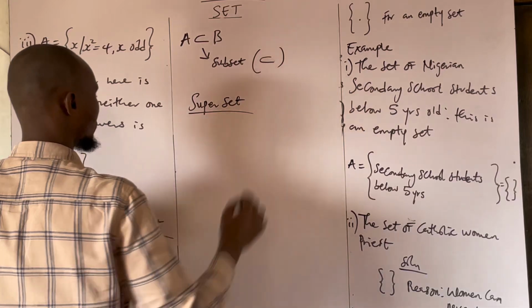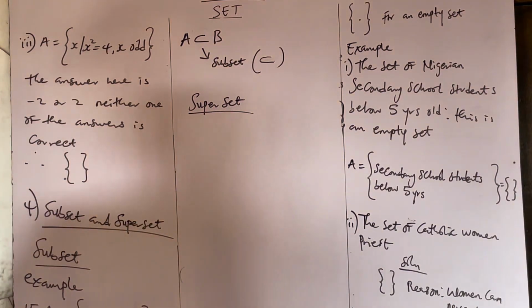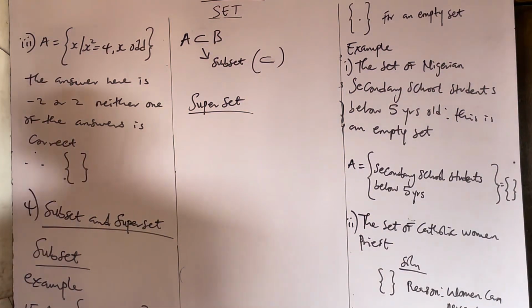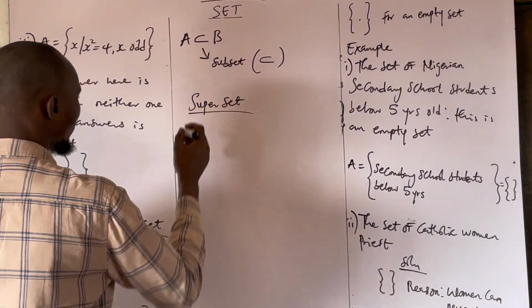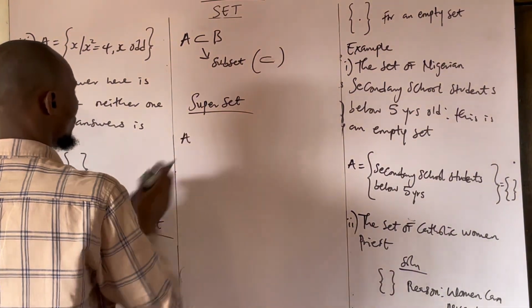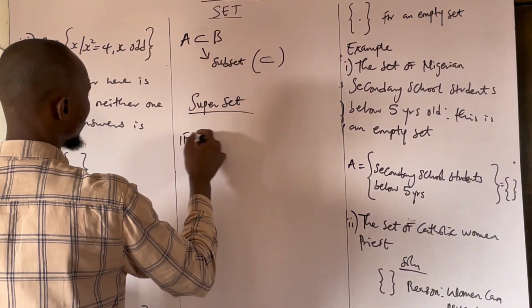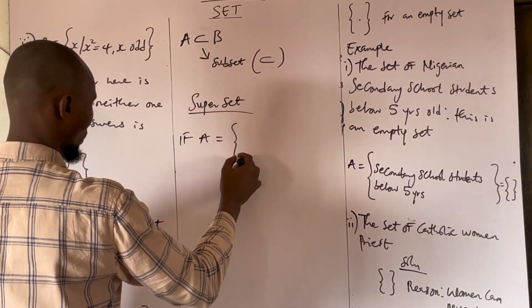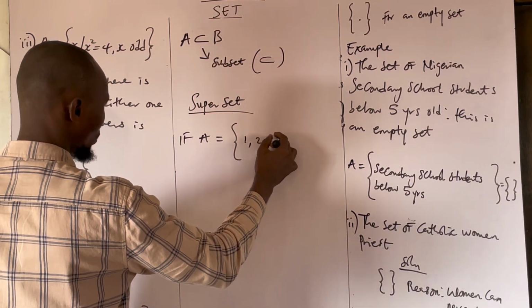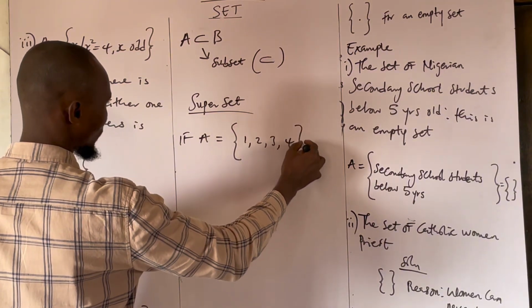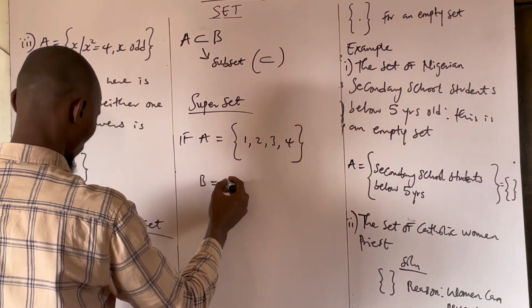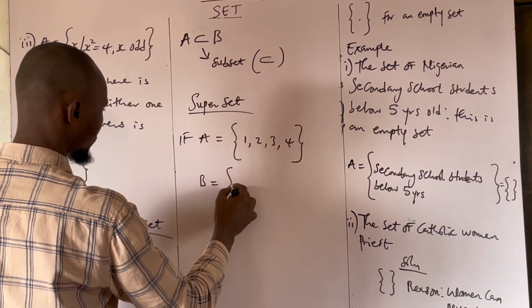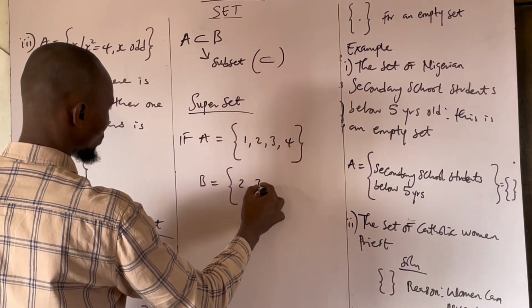So now, superset. Let me explain this using example 2. Remember that we have A. So we are going to say if A is equal to something of this nature, 1, 2, 3, 4, and B is equal to something of this nature, 2, 3, 4.